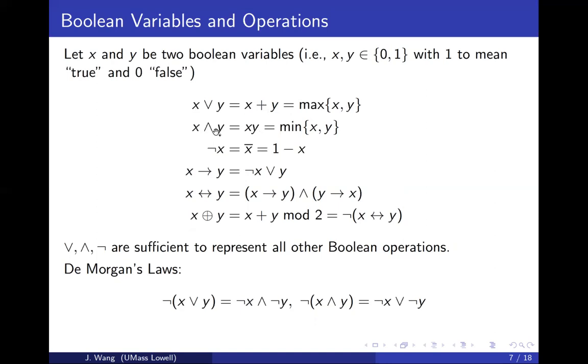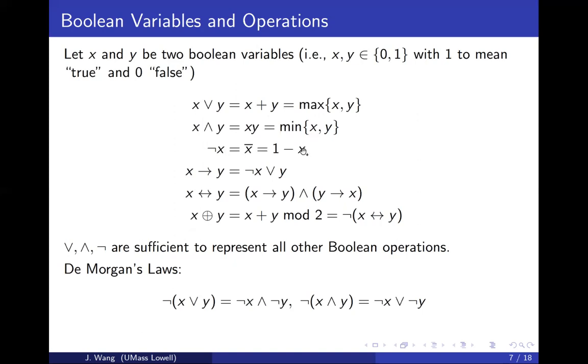If one of them is 0, it's 0. So that is equal to the min of X and Y, or simply X times Y. The negation of X is just 1 minus X.